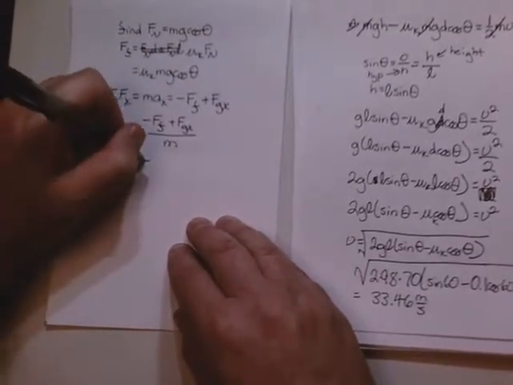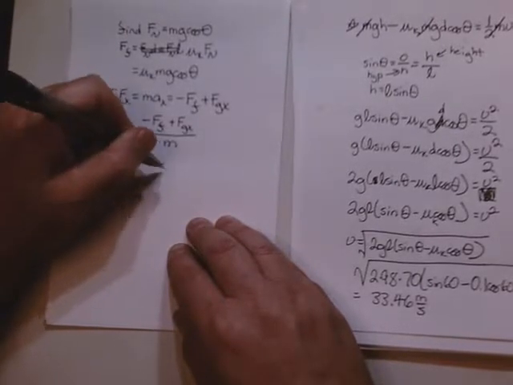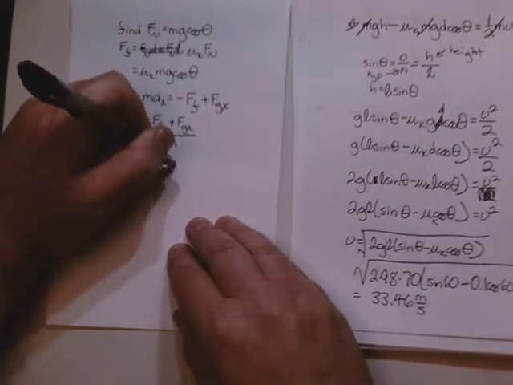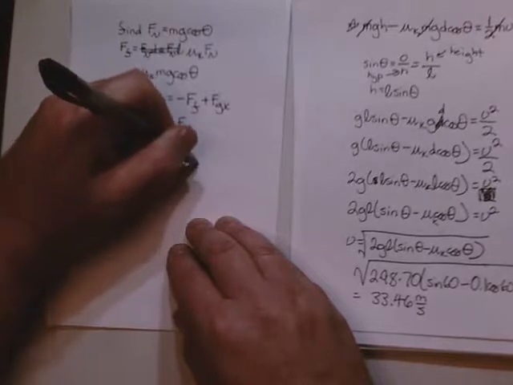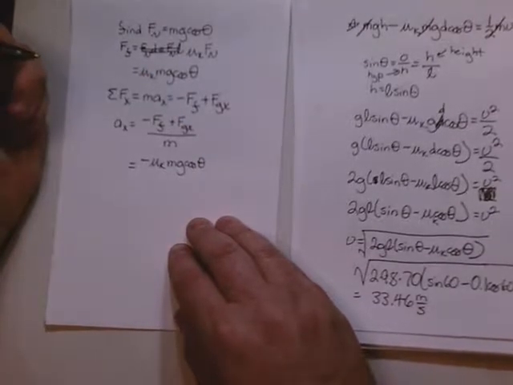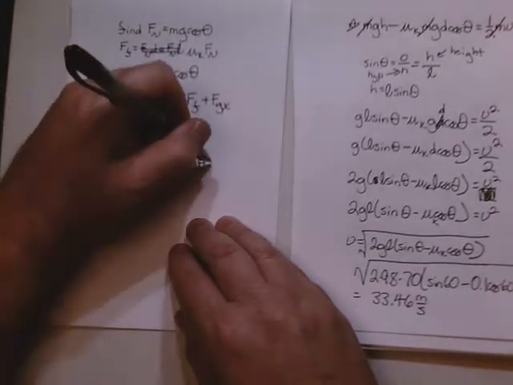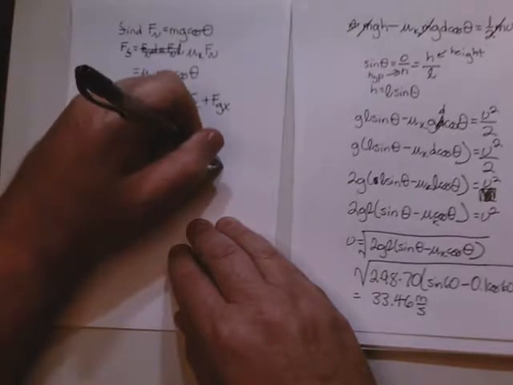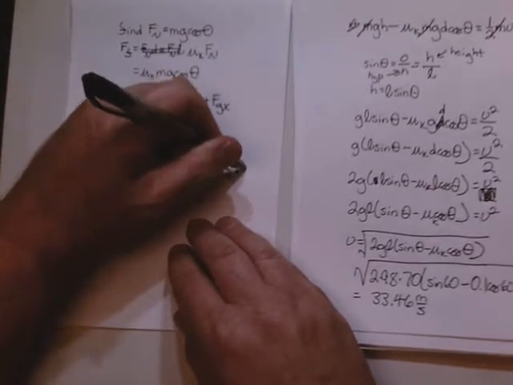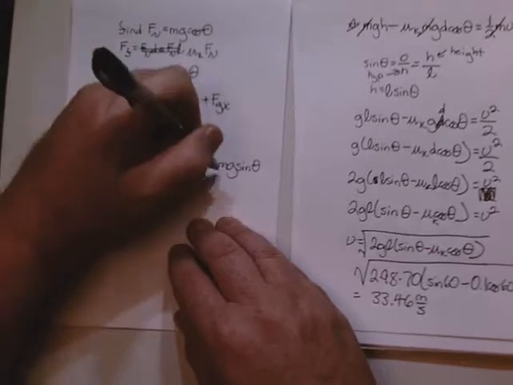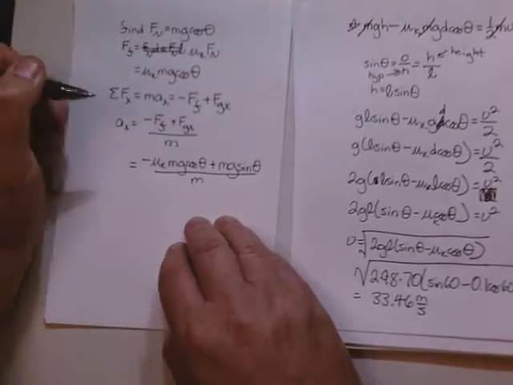Now the friction force is minus mu sub k mg cos theta, and FGX is positive mg sine theta, and we divide by m.